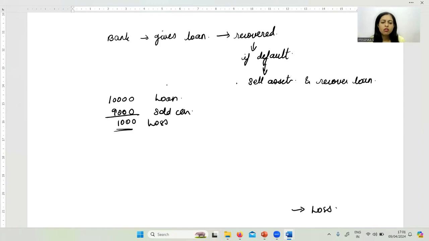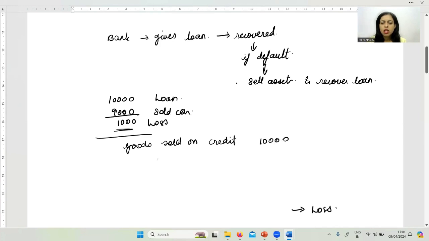The loan could not be recovered fully, so 1,000 becomes a loss. The same thing can happen in the case of credit sales. So imagine you sold goods on credit, an amount of 10,000. And the person became insolvent.